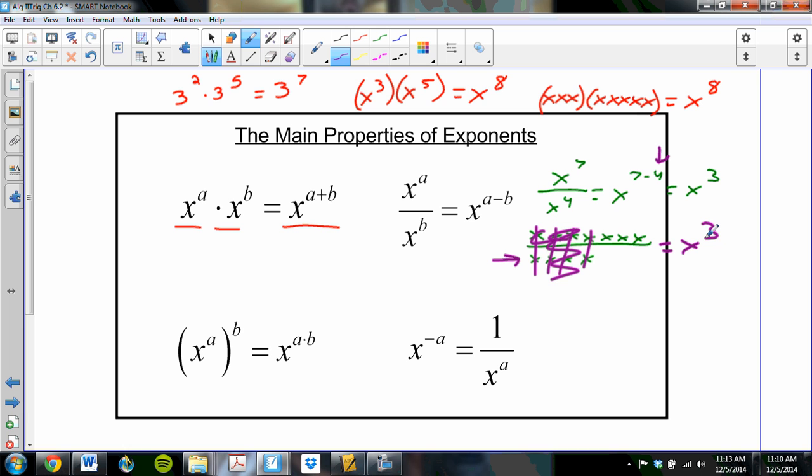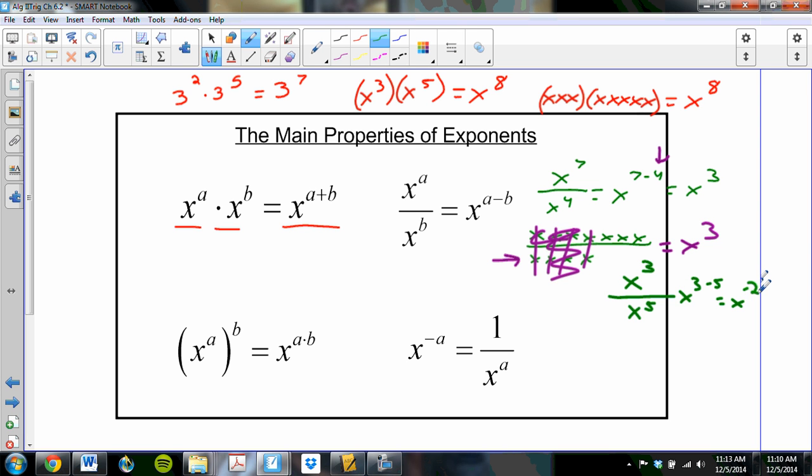The division becomes subtraction. And the special case you kind of want to worry about, something that happens half the time, is if the power on top is less than the power on the bottom. So this would become 3 minus 5, which is negative 2. We can never have negative powers in these problems.